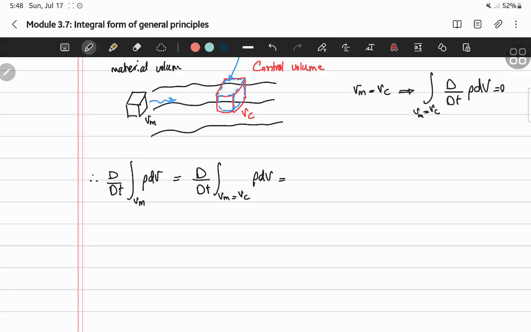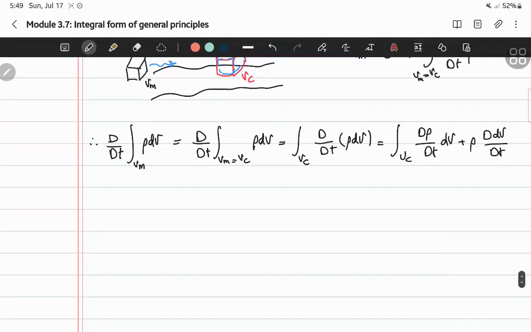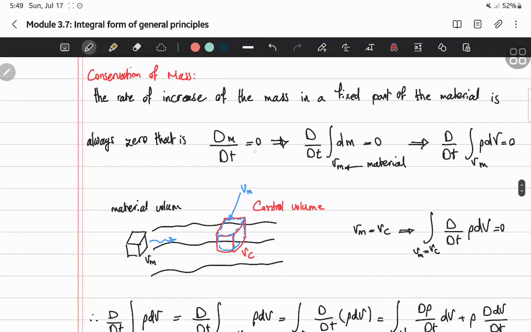We can take this material derivative inside the integral, so we have the integral over Vc of D rho, the material derivative of the first, times the second one, plus rho D dv Dt. And this is equal to 0.